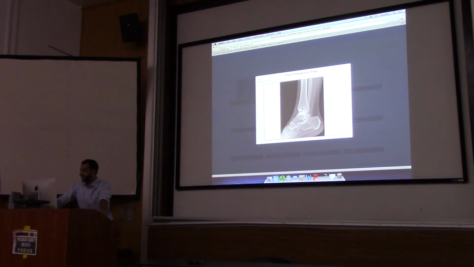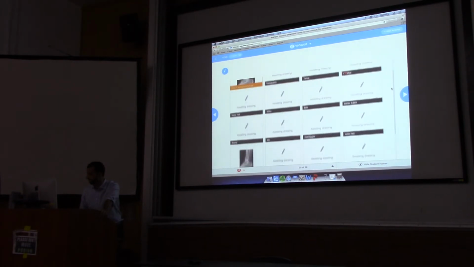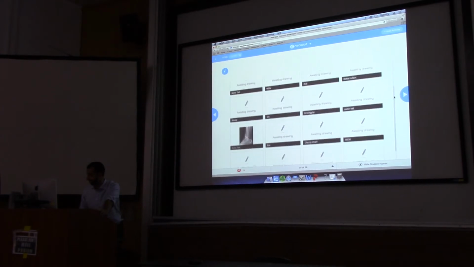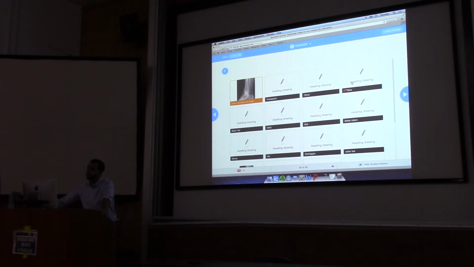Where is the fracture? This is a difficult one.